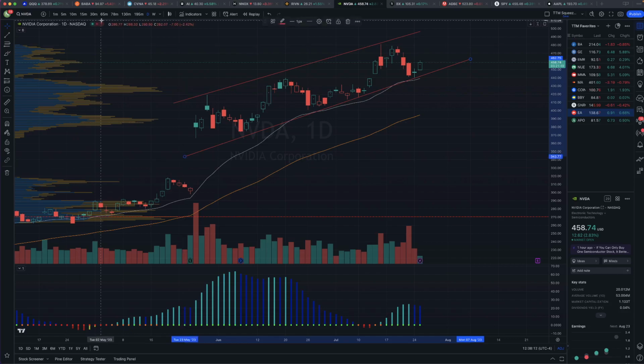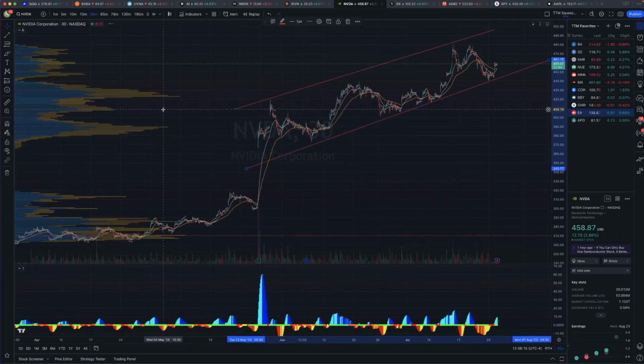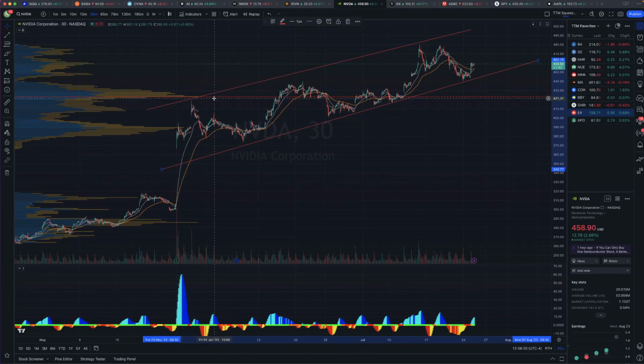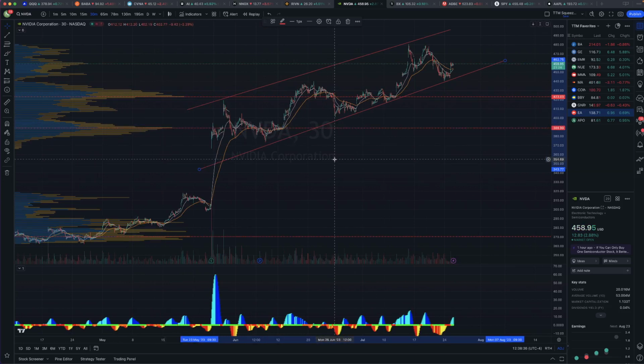On the daily, let's go to a 30-minute chart here. The levels I see are, the first major level is 423, basically. I see a lower level here at 389 basically.